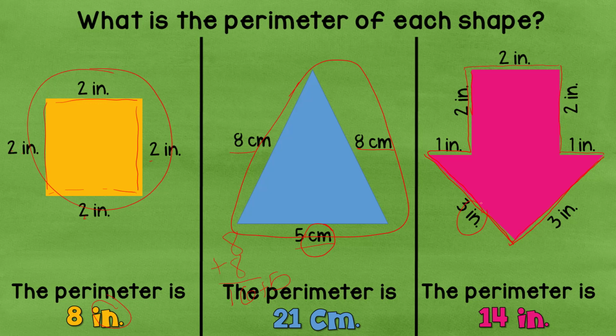And now we're back at inches as our unit. So the perimeter around the outside of this arrow is 14 inches this time.